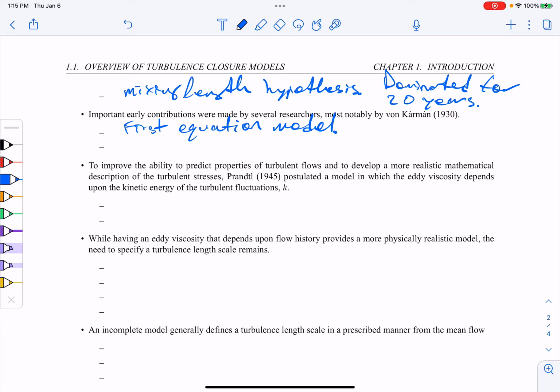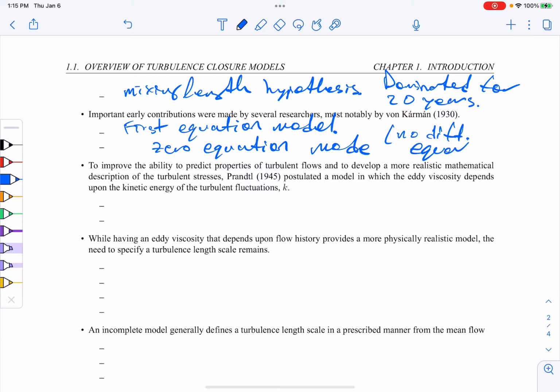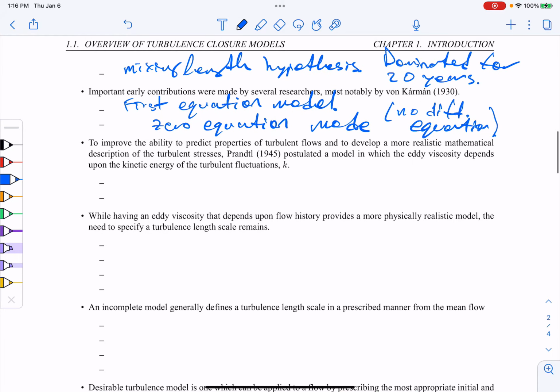We call these zero equation models. Why? Because there's no differential equation. It's an algebraic equation that, in this case, would represent some sort of length scale with the eddy viscosity. And that was dominant for a while.